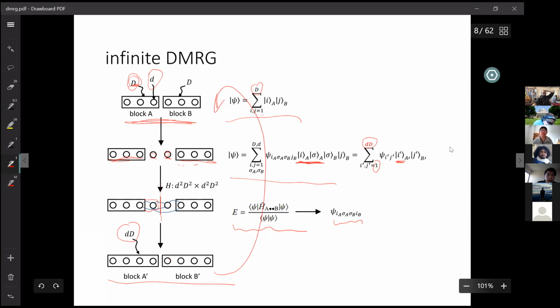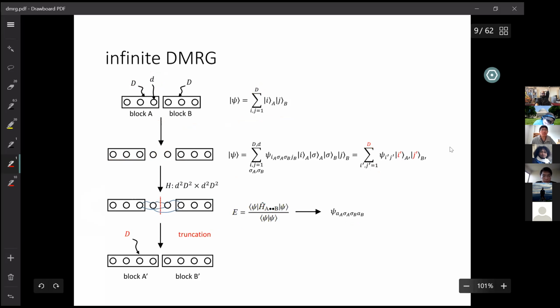So what we do is, when we include the site into the block, we need to do a truncation. Instead of what I said previously, we always keep the capital D states. So we need to discard those degrees of freedom that are not so relevant.